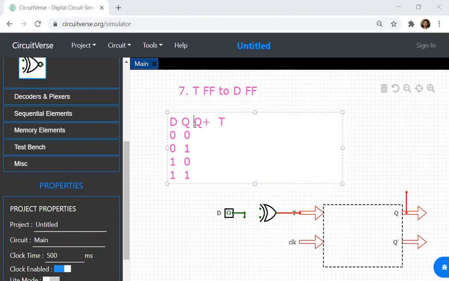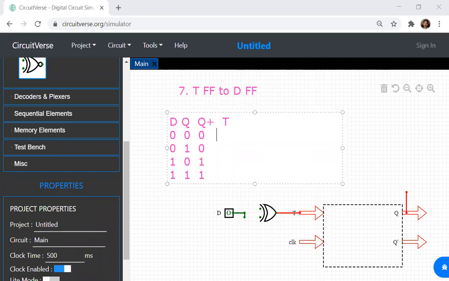Now what happens in D flip-flop? In D flip-flop, your next state will be whatever is your D. So D is 0, Q plus will be 0. This is equal to 0, and this is not equal to 0. What is this equal to? This is equal to 1, and this will be equal to 1. What about your T flip-flop?